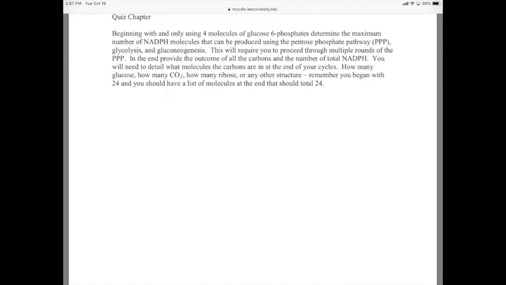NADPH. Okay? And these glucoses get converted into ribose. So I get 2 more riboses plus this ribose, I get 3 ribose 5-phosphates.